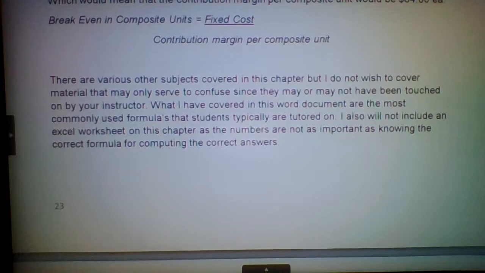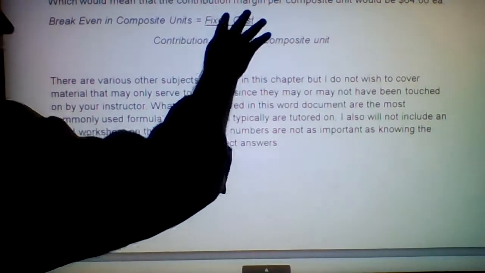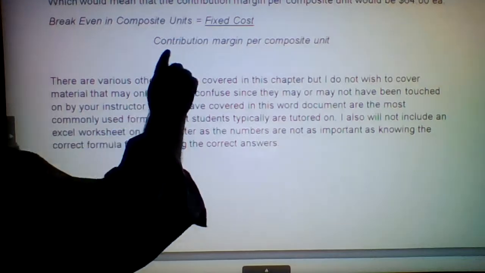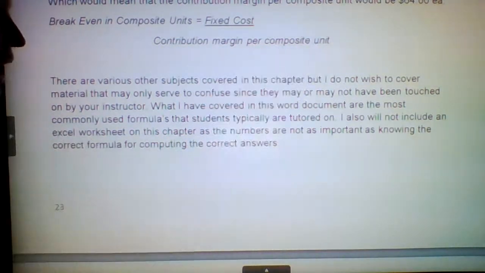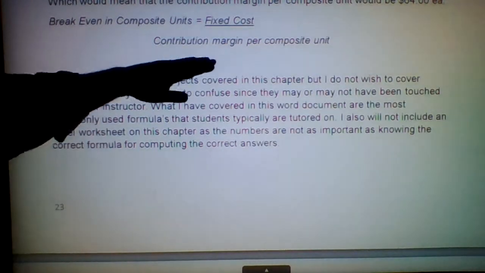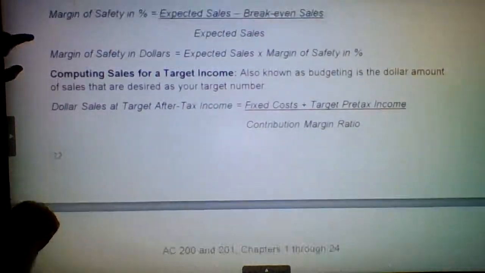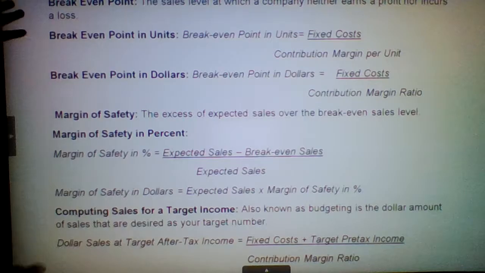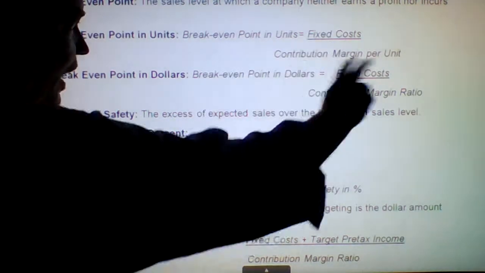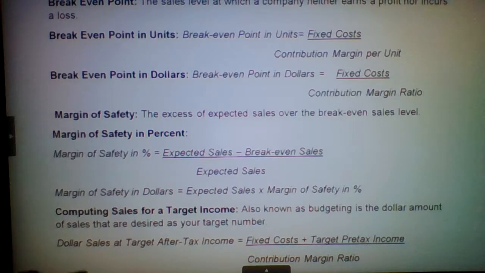So break even in composite units equals fixed cost divided by the contribution margin per composite unit. Now this looks an awful lot like your break-even point up here, fixed cost divided by contribution margin. It's the same concept except it's talking about a package instead of one single unit.